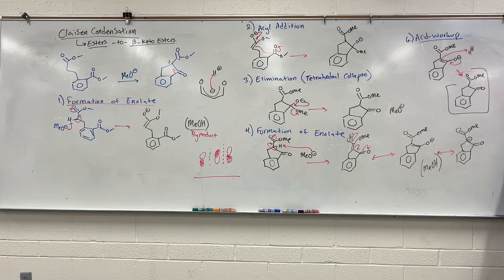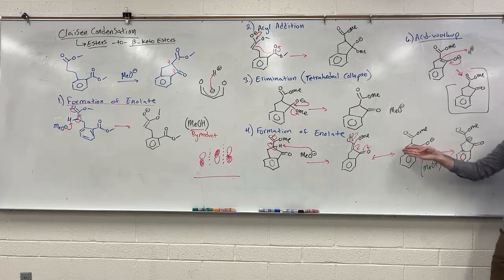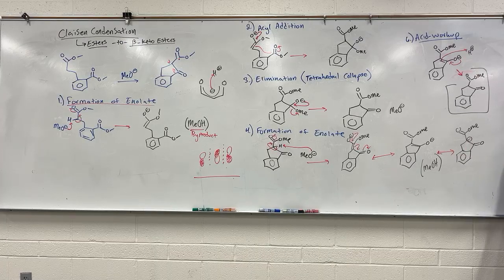When I write instructions for mechanisms problems, I usually try to say something like show all major resonance forms. For this, I would say something like you only need to show one resonance form of the intermediates. Maybe you like the negatively charged alpha carbon resonance form because it tells you where your nucleophile is. It tells you where your acid workup needs to happen. Maybe you like the major resonance forms because it scratches an itch like it does in my brain.